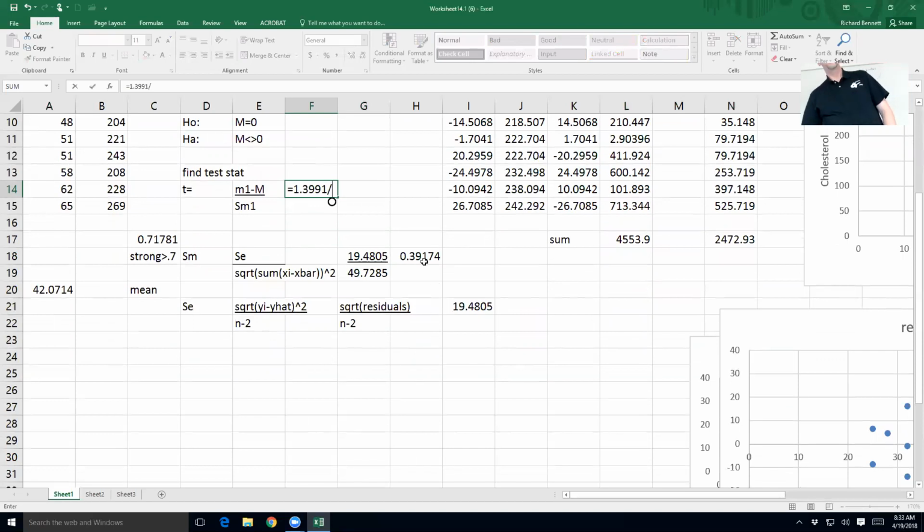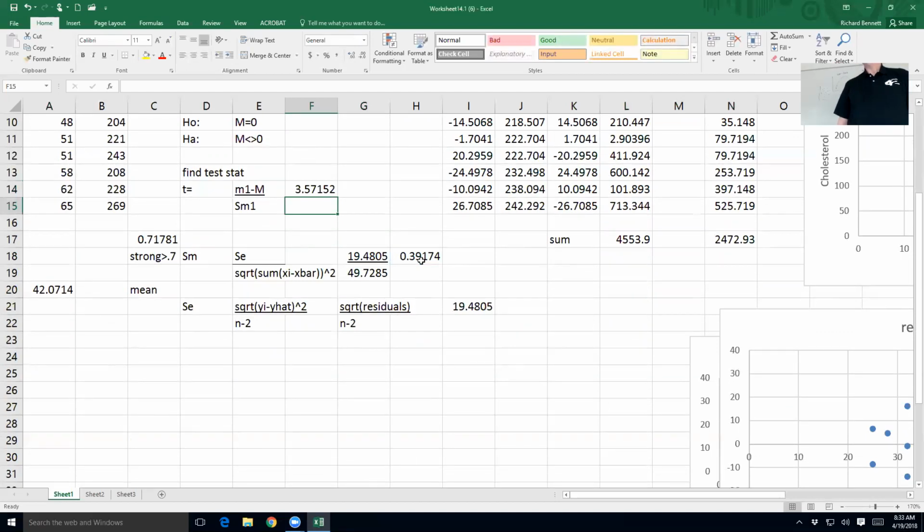Yeah, the 0.39174. That's the number I just found. Okay, so that's my t-score. So I get 3.57. Okay?